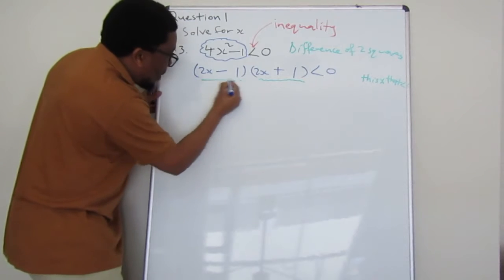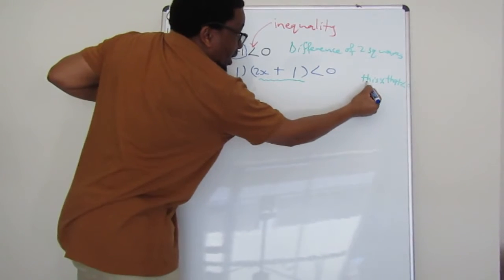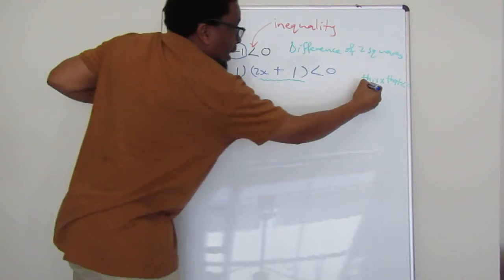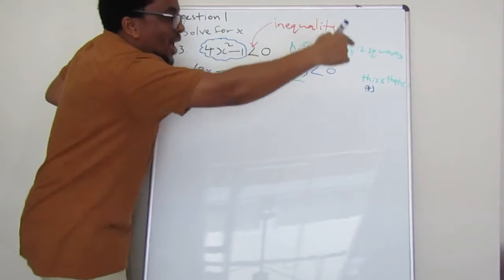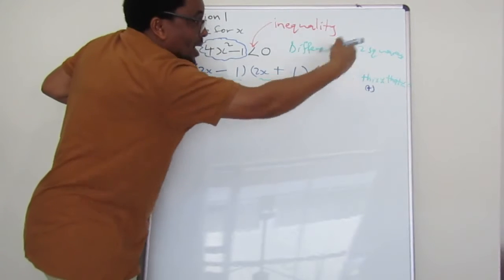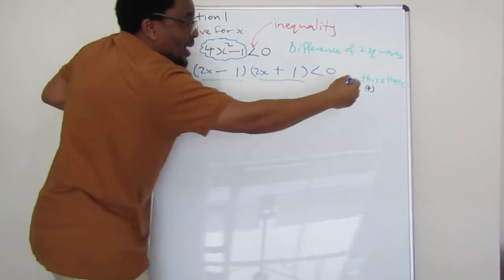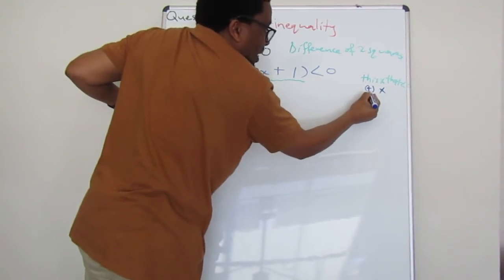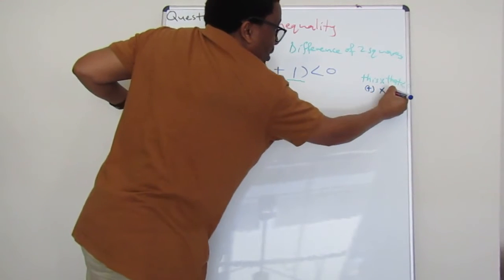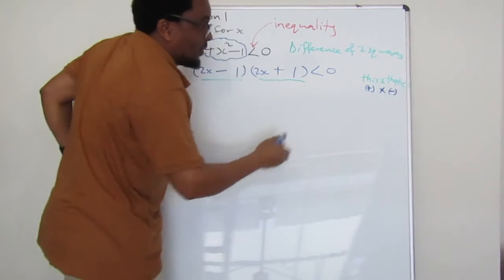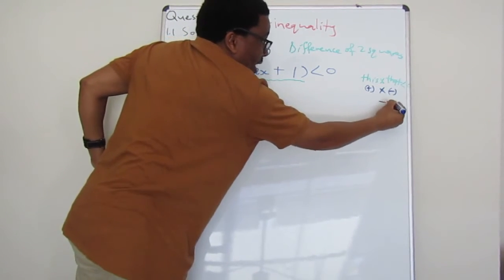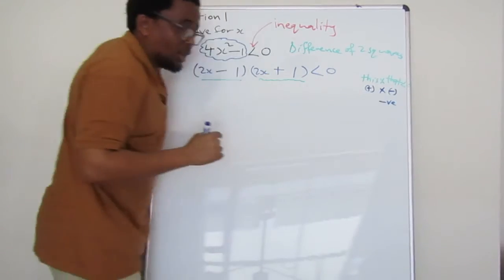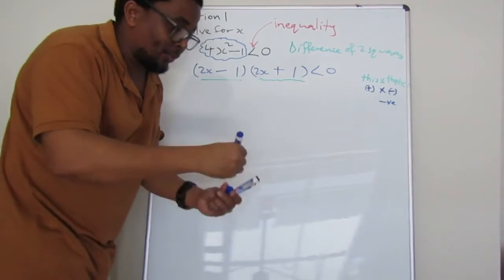If I make this one positive, in order for me to get a negative value, then that one will be forced to become negative. A positive times a negative will give me a negative value, which is less than 0. I will take that.